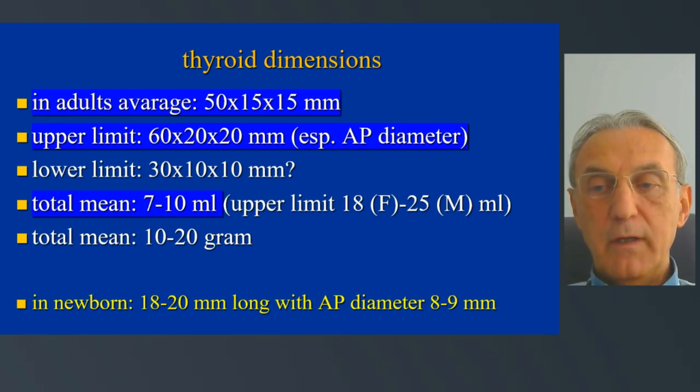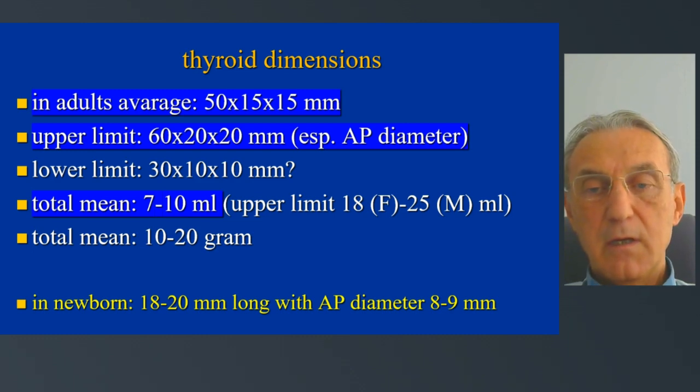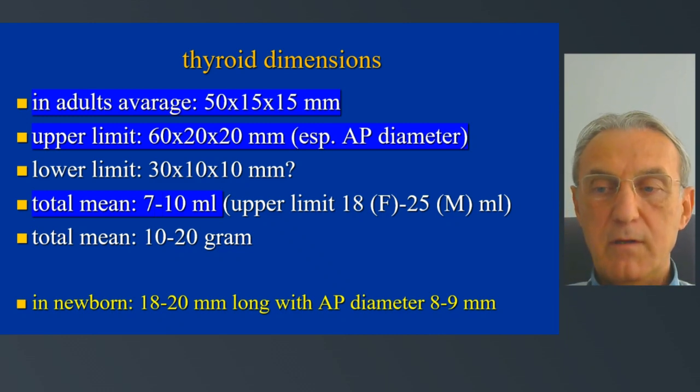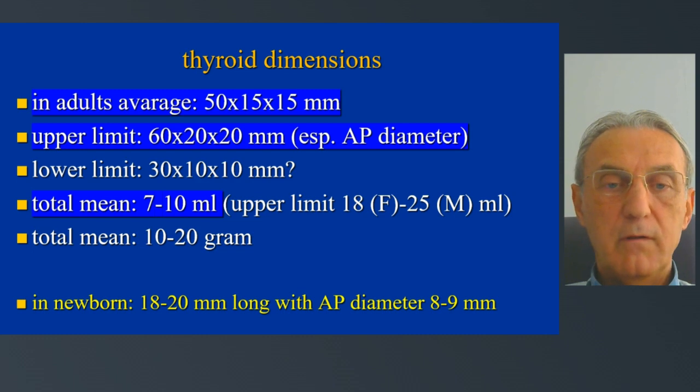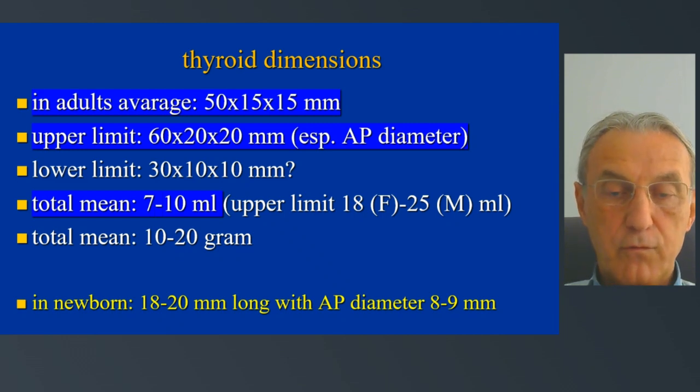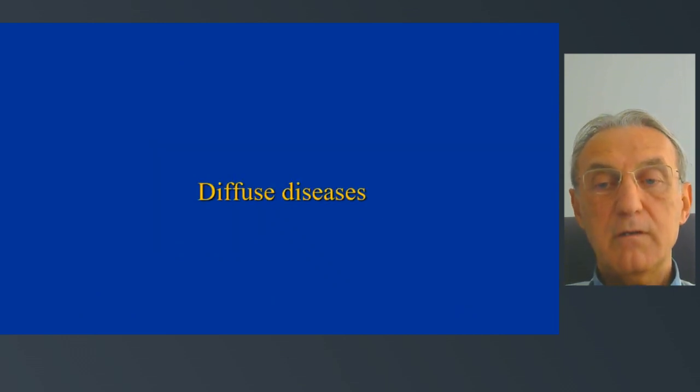So totally the volume is 7 to 10 milliliters, and the upper limit is around 20 milliliters. It is different in males and females. In the newborn, the thyroid gland is 18 to 20 millimeters long with an AP diameter of 8 to 9 millimeters.